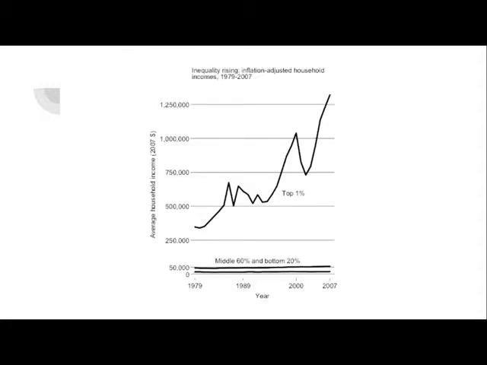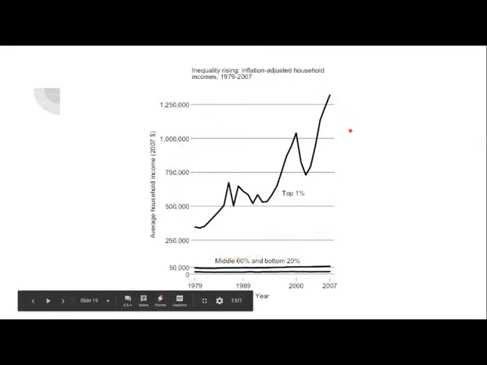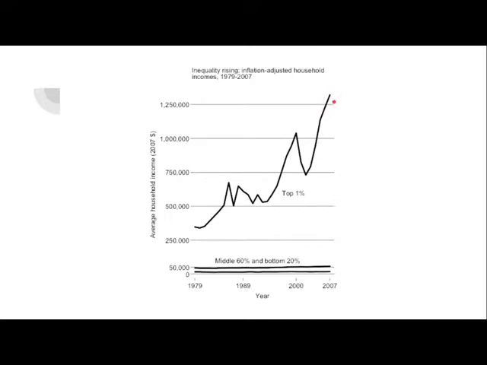So in conclusion, these two definitions show us that the problem is really serious. Again, when we look at this chart, we see that 1% of the population have pretty much all of the wealth, and the resources for 99% of the population will decrease and this will affect us in the future.